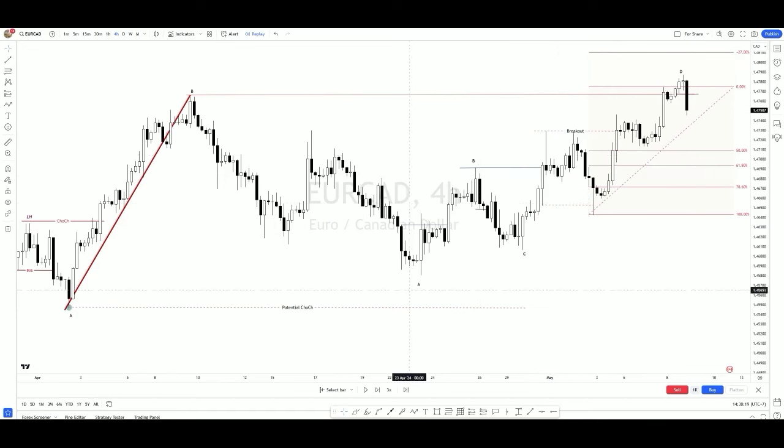D in here is not only confirming D for the small structure, but also confirming D for the bigger structure. Why?